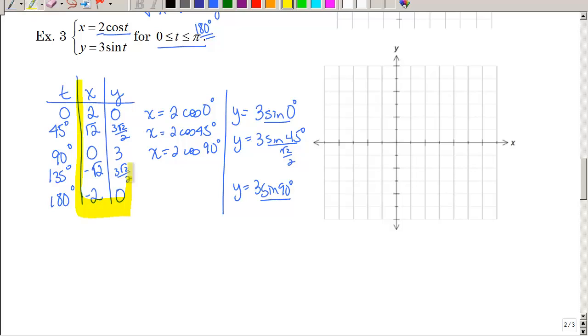So again, I want to graph those on my xy coordinate system. Well, let's first just graph the ones I can graph. So I know 2, 0, 0, 1, 2, 3. Remember, this is when t is 0. This is t equals 90. I'm going to call that pi over 2. And then I came down here at 180, or pi.